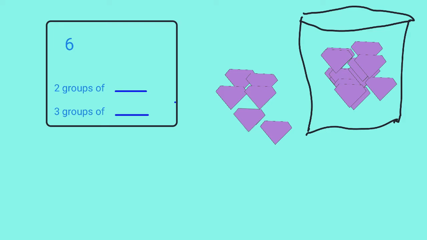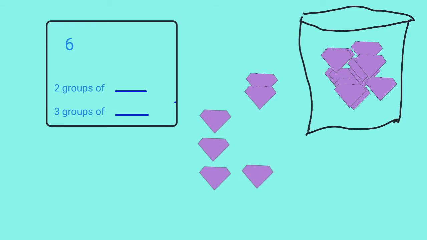So we're going to pretend that we're going to share our diamonds with a friend. So let's see how we would share our diamonds with a friend. I guess if we're going to share them equally, you both will have the same number of diamonds, right? So how many groups of diamonds do we have here?